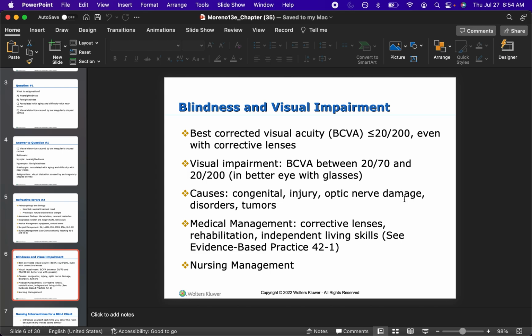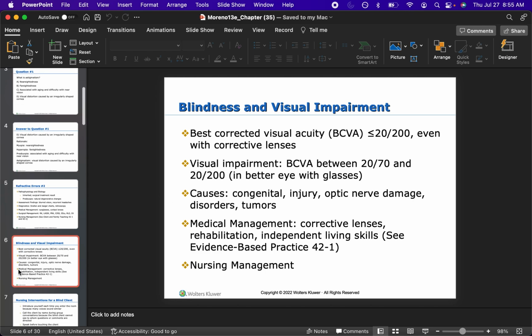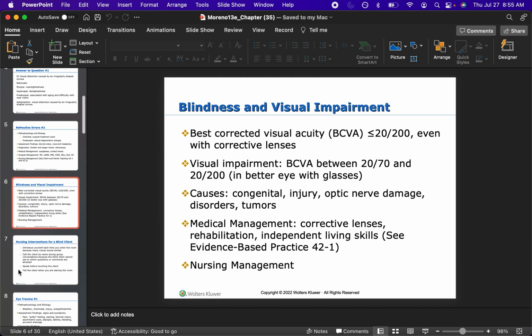I don't know if you guys have seen someone with a lazy eye, and they'll put a patch on one eye to try to get strength in the other one. So that really just depends. The stuff really you're not going to be too far into unless you are in a clinic, an eye clinic, that kind of stuff.